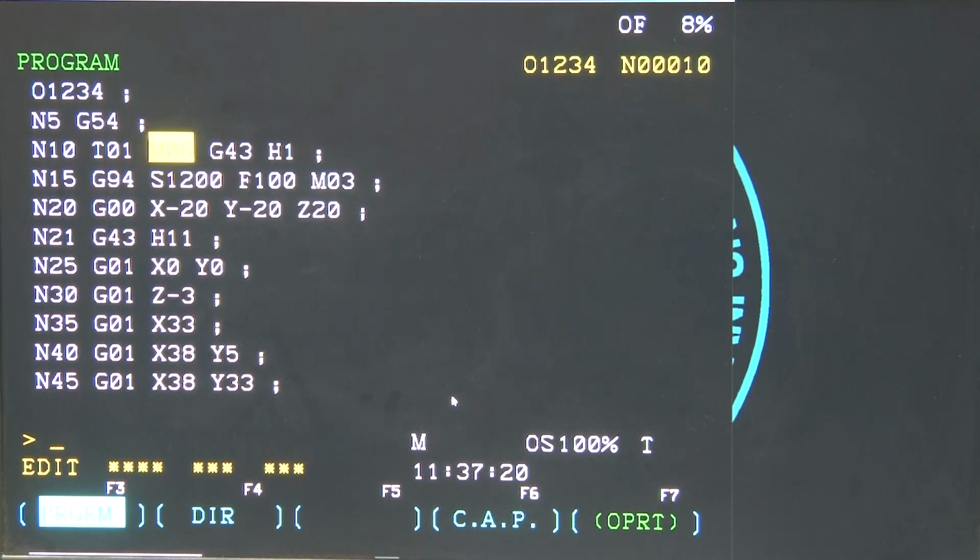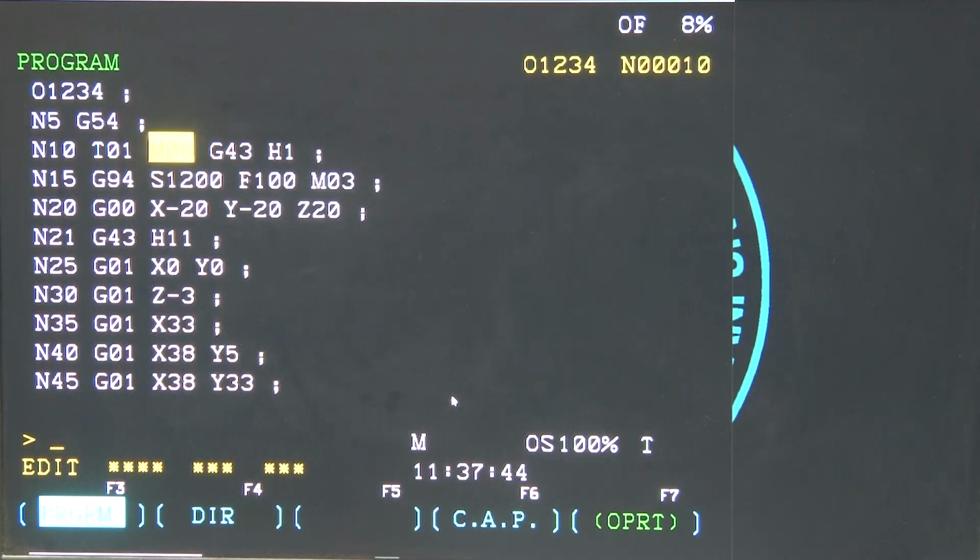So, from the turret, tool number 1 has been selected. M06, M is the tool change, okay, from the turret. So, whatever tool was mounted earlier has to be changed, and tool number 1 has to be called from the turret and mounted.